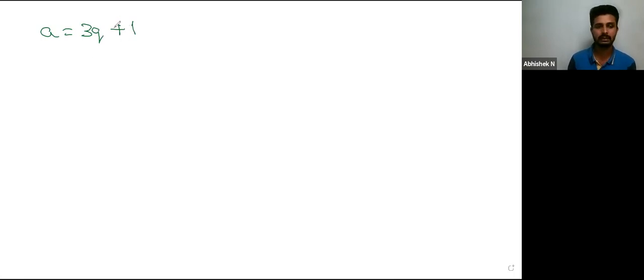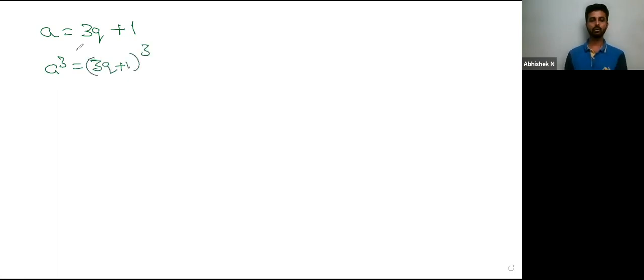So again we cube it on both sides. Then we get a cube is equal to 3q plus 1 whole cube. Then we have the formula for a plus b whole cube. Can anyone tell me what a plus b whole cube is? You can unmute and tell me, or you can put it in the chat box.